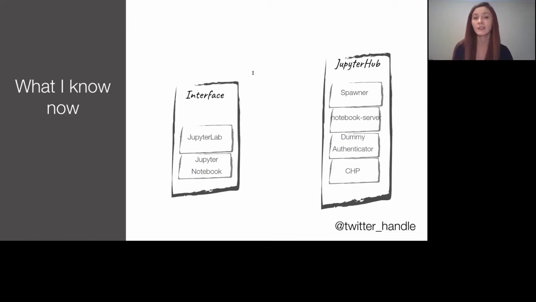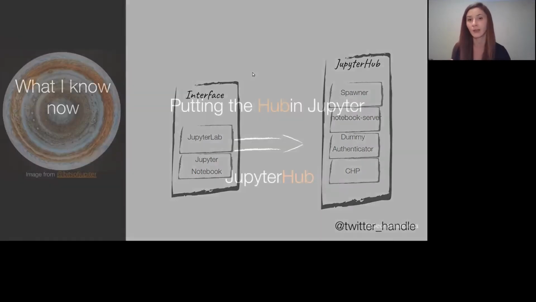Unlike the classical notebook interface, JupyterLab shares some common features with traditional IDEs, but it still remains focused on interactive computing. The others, CHP, dummy authenticator, the notebook server, and the spawner are hub parts, and we'll talk about them in more detail in the following slides.